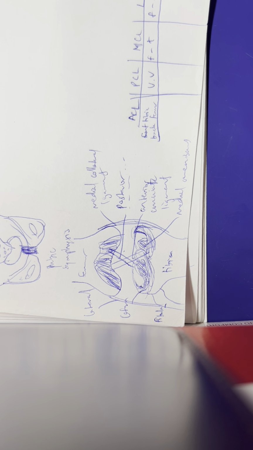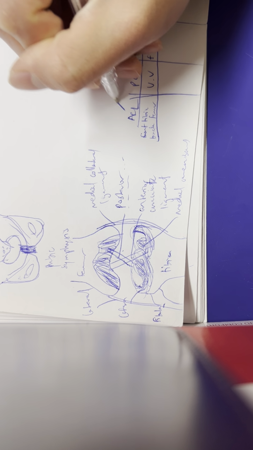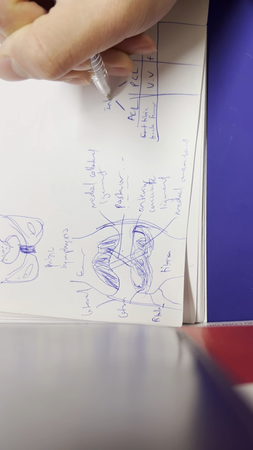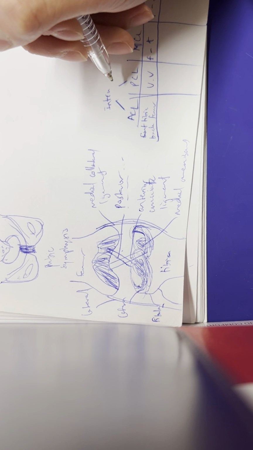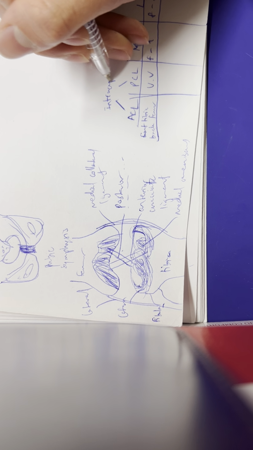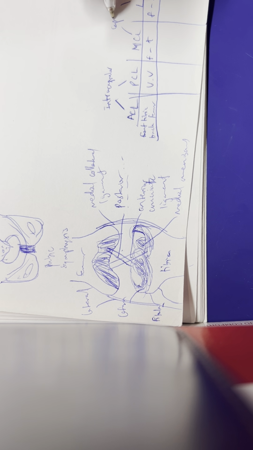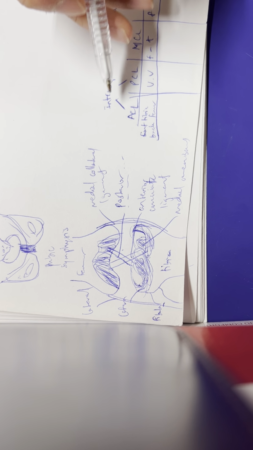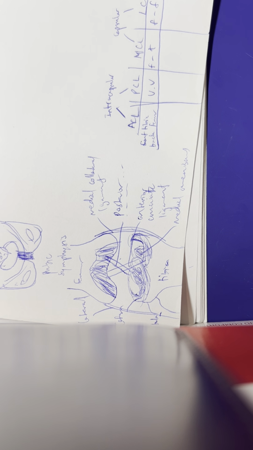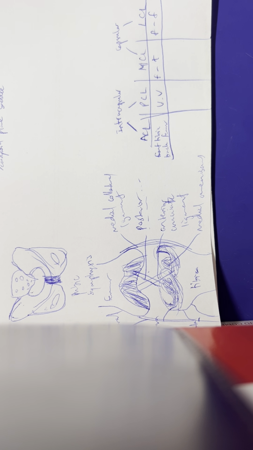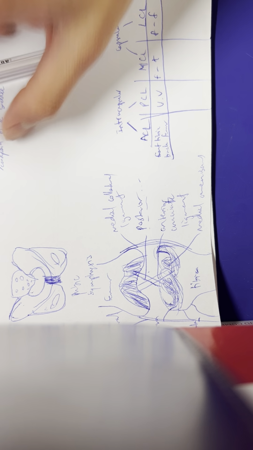So your ACL and PCL are called intracapsular ligaments, and these guys are just capsular, because these are around the joint and these are inside it, right? If you think about it, the ACL connects the front to the back.